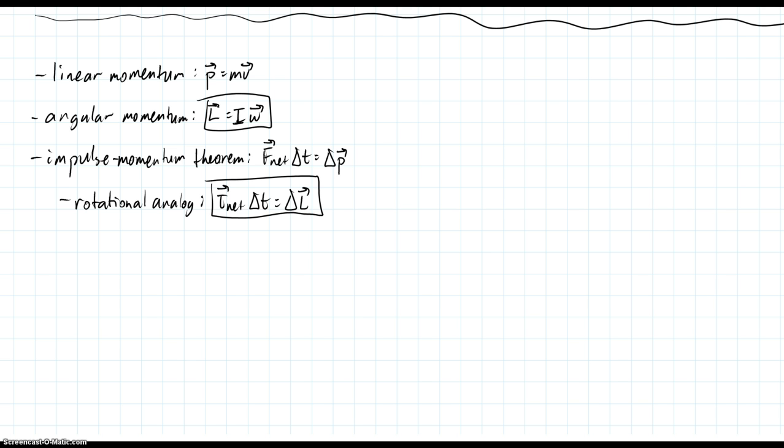And finally, remember from the impulse momentum theorem, we saw that if the net force is 0, then delta P equals 0, and so the linear momentum of the system is conserved.